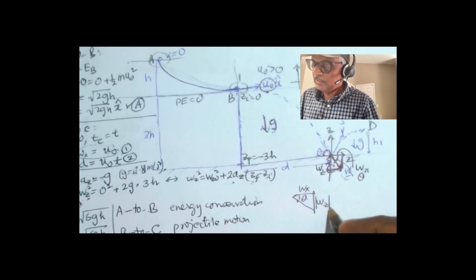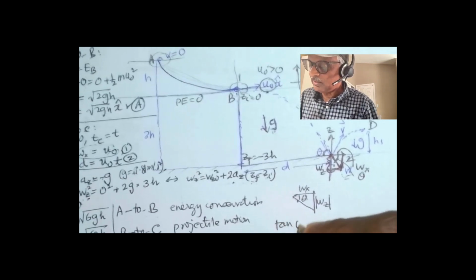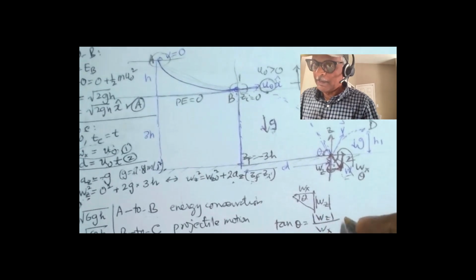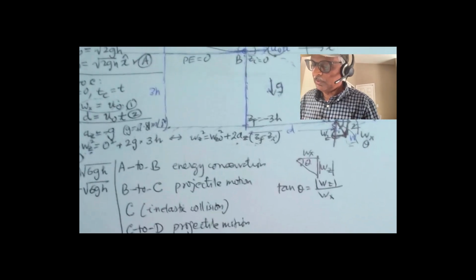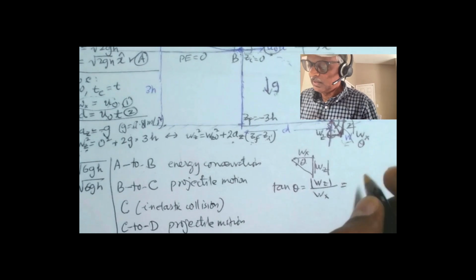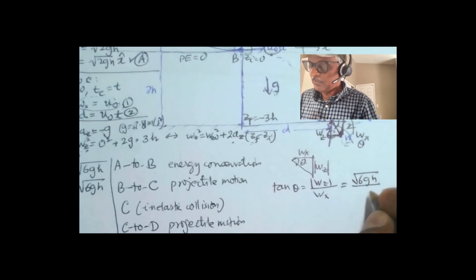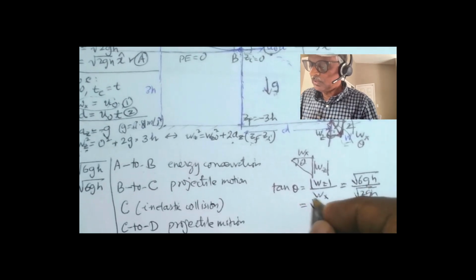If I just take positive things, tangent theta is wz over wx, and that should give us square root of 6gh over square root of 2gh, which is clearly square root of 3.